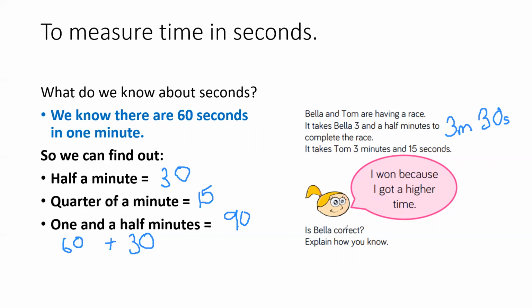Well, let's think about this. Is Bella correct? It took Bella 3 minutes and 30 seconds, but it only took Tom 3 minutes and 15 seconds. So Tom was quicker. So we can say that Tom won the race he was running, I presume, or whatever race they were doing.